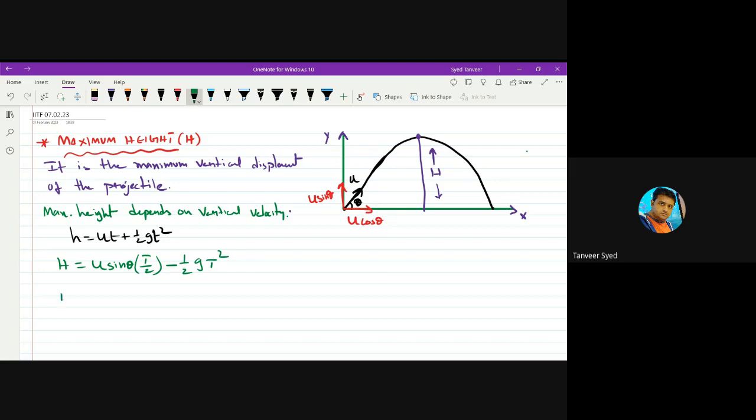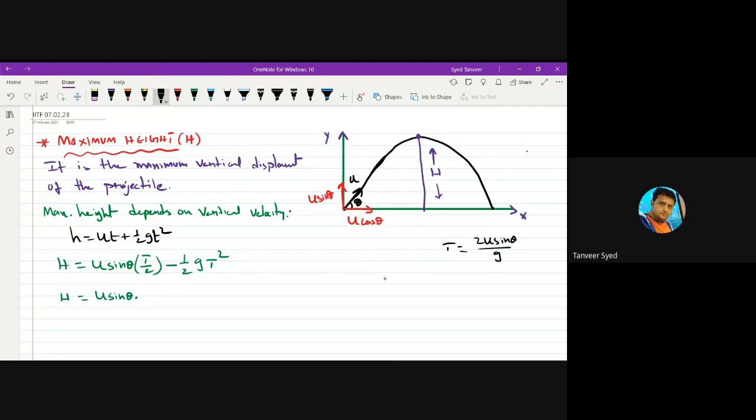Okay. Right. So h is equal to u sin theta into t by 2. T by 2. What is t? We already got yesterday time of flight. Time of flight is 2u sin theta by g.